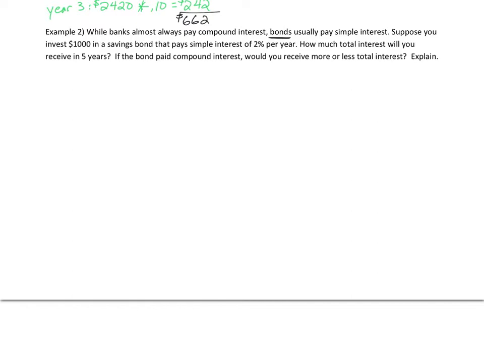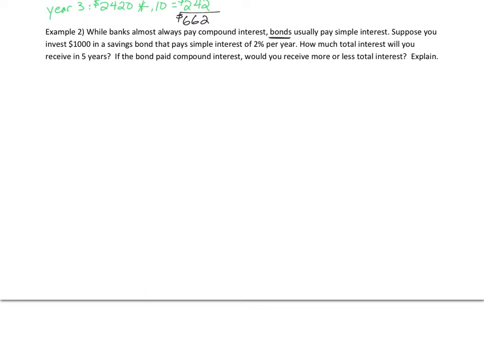So suppose you invest $1,000 in a savings bond that pays simple interest of 2% per year. How much total interest would you receive in 5 years? If the bond paid compound interest, would you receive more or less interest?